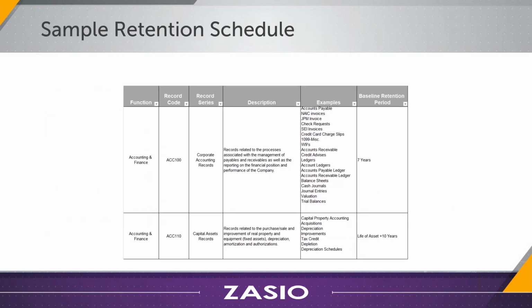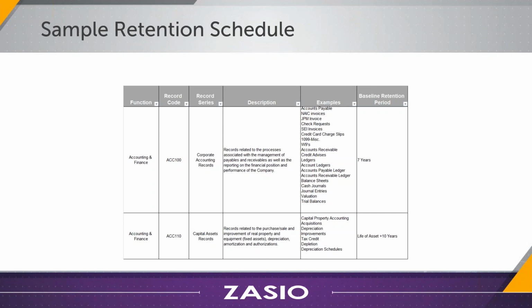Now let's look at an actual records retention schedule sample. Here we have a more detailed sample, but again, this is just 2 record series, a small snippet of a retention schedule. In reality, you're going to have many, many more record series once you have a completely built retention schedule.